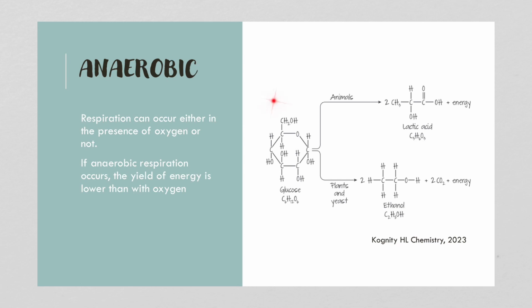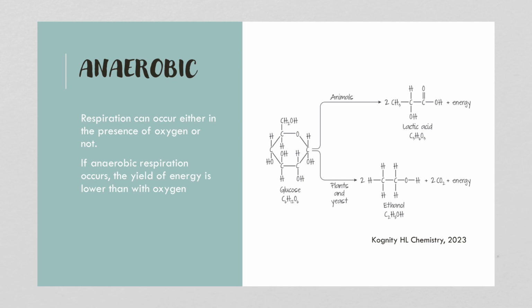So if we look at this, glucose, if we're animals, we produce lactic acid and some energy, much less energy than for aerobic respiration, as we learned in our cellular respiration unit in biology. But we do release some energy, and we need to produce lactic acid without the presence of oxygen because we need to at least be able to perform glycolysis, and lactic acid will ensure that we can, because if you remember, in lactic acid we convert NADH to NAD+ so that we can then perform glycolysis again.